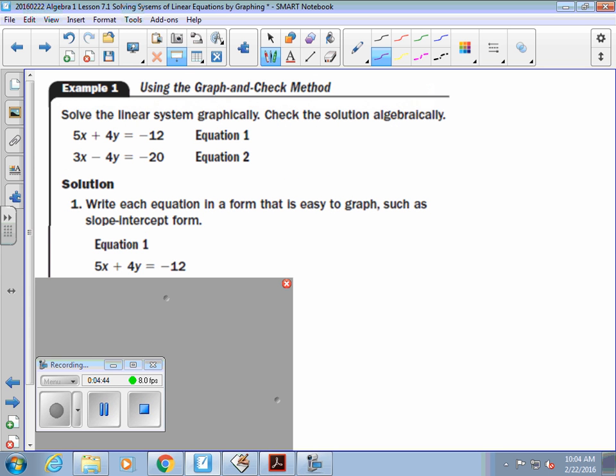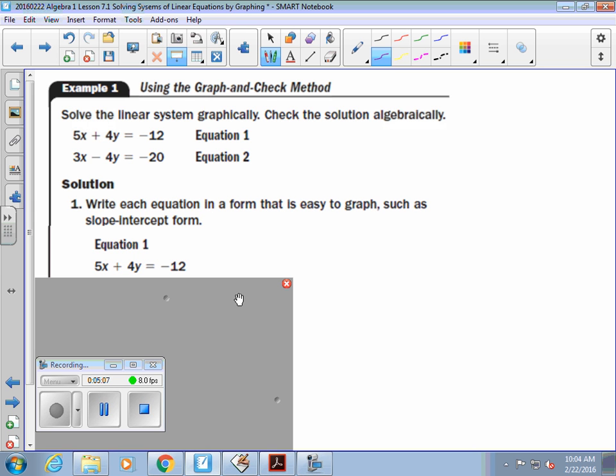So here's example number 1, using the graph and check method, not hypothetically, but what if we have 2 equations to go with it? 5x plus 4y is equal to -12, and 3x minus 4y is equal to -20. Remember, step one told you to get it into a form that is easy to graph.